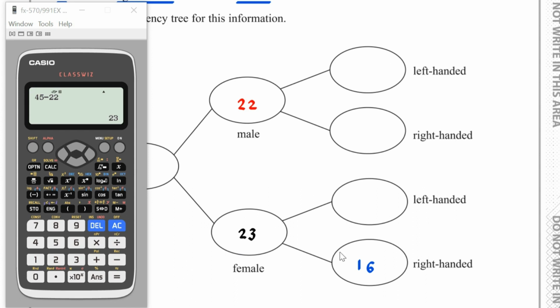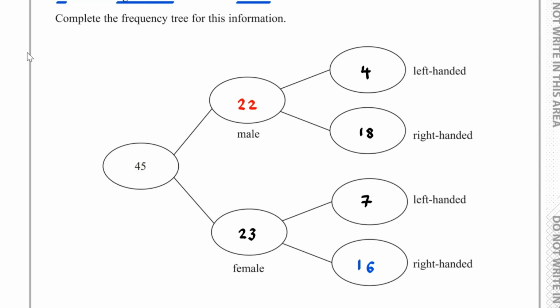Then 23 take away 16 is 7, so 7 are left-handed. We know in total we've got 34 who are right-handed, so 34 take away 16 is 18. 18 right-handed, which means 22 take away 18 is 4. 4 left-handed. Here is the completed frequency tree.